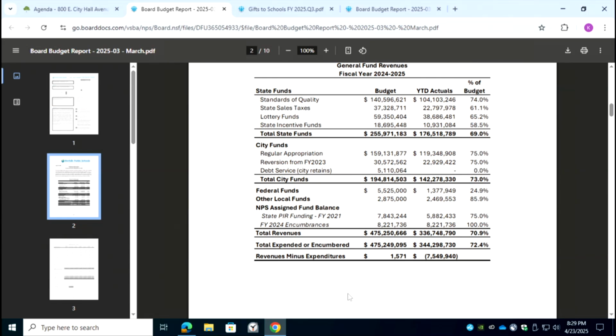As of March 31st, there were active awards totaling $114.9 million, of which we had spent or encumbered $58.7 million, or 51%. There are 33 active federal awards. Most expire either in September of 25 or 26.